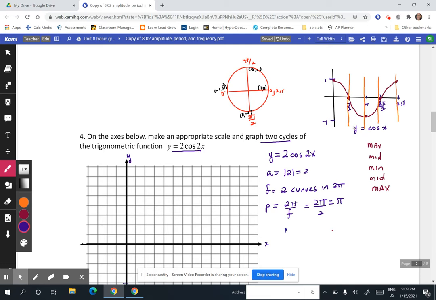The maximum value of the function is just the amplitude. So in this case, it just would be 2. The midline is the baseline. So in this case, it's just our x-axis. So y's are equal to 0 there. The minimum value of the function is going to be the negative of the amplitude. And again, the midline is just the x-axis, so y equals 0, and the maximum value is the amplitude.